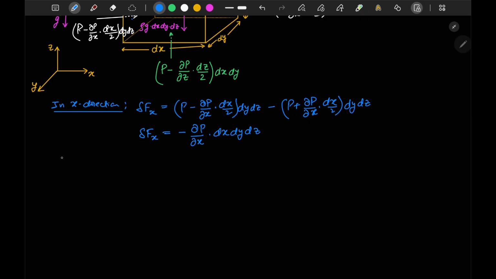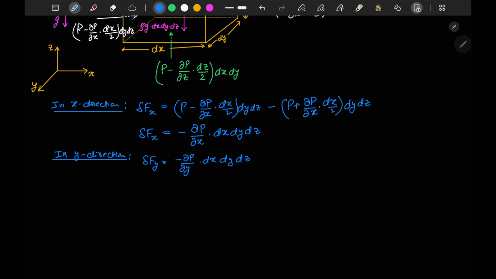Now if I talk about the y and z directions, in the y direction, in a similar way, I can write that dfy will be equal to minus del p by del y into dx dy dz.